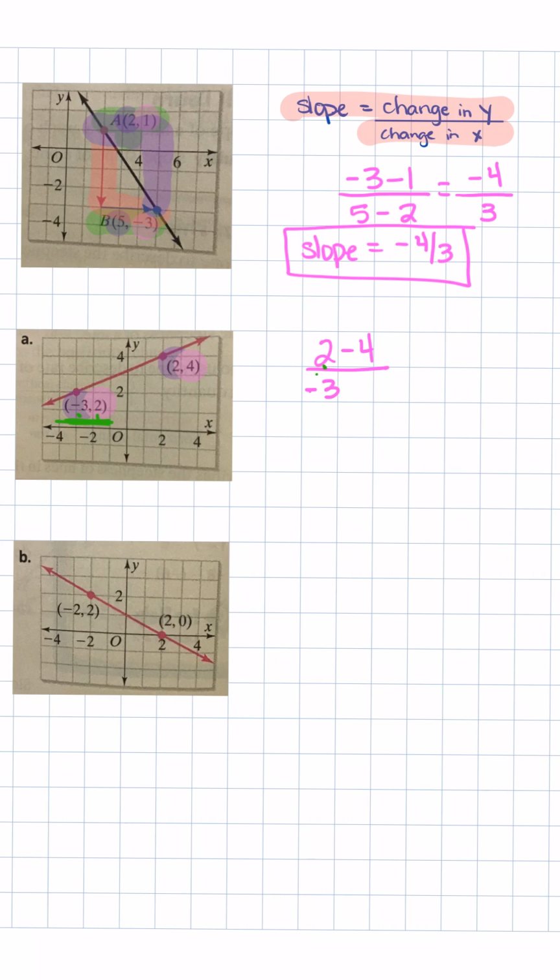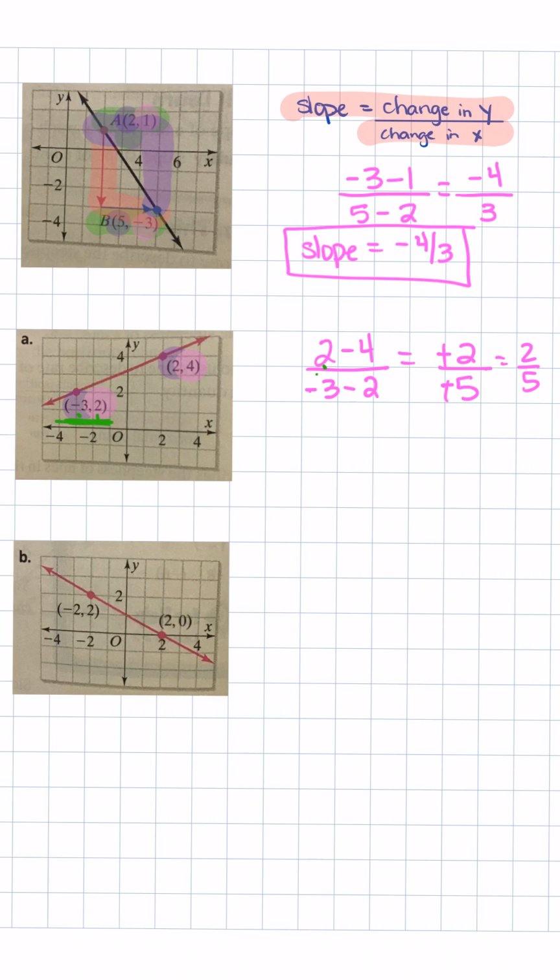So over -3 subtract 2. 2 subtract 4 equals -2. And -3 minus 2 more is -5. So since they are both negative, they cancel each other out. So those turn into a positive, so it equals 2/5.